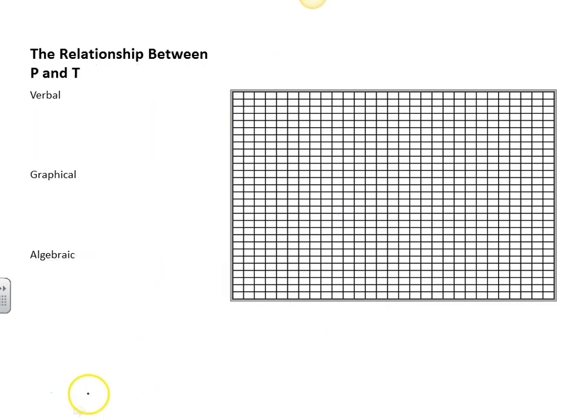Okay. Next relationship is the relationship between pressure and temperature. We find that as we increase the temperature of a gas, we increase the pressure as long as volume and amount of gas are constant.